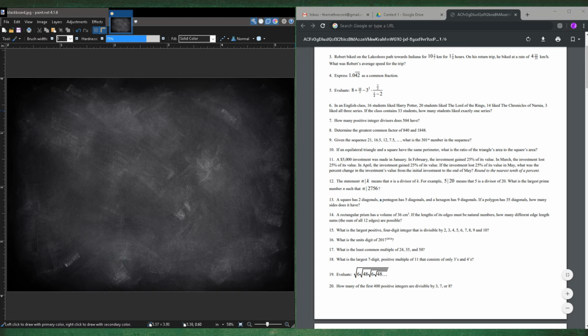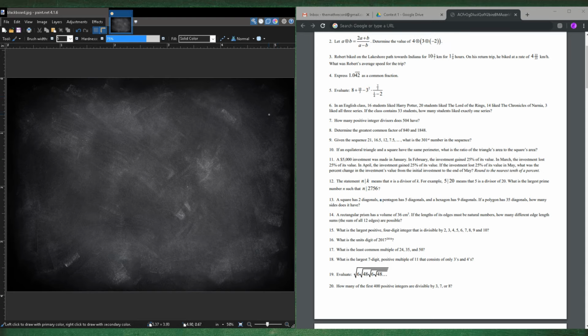So basically, the first number is irrelevant because it's talking about percentage. What you have to know is that in February, the value gained 25% of its value, so you multiply the 5,000 by 1.25. So this is just an exponential question, and it's really easy. The next number is in March, which lost 25%, so you multiply by 0.75.